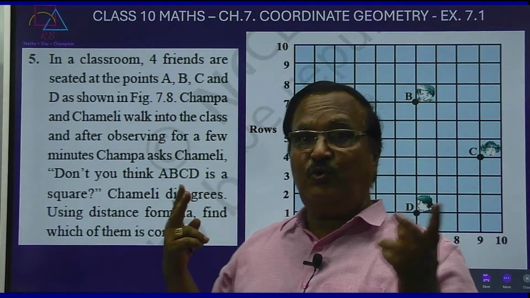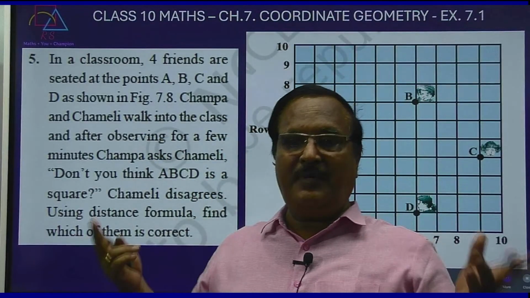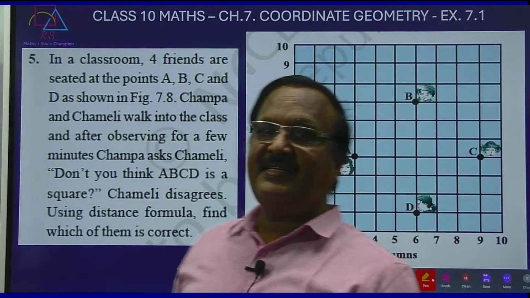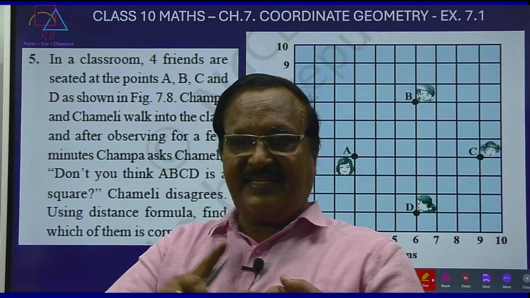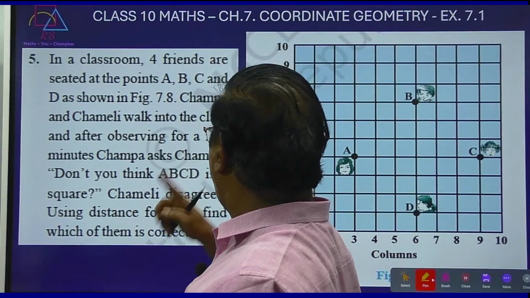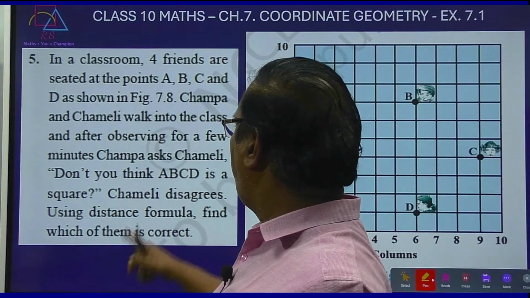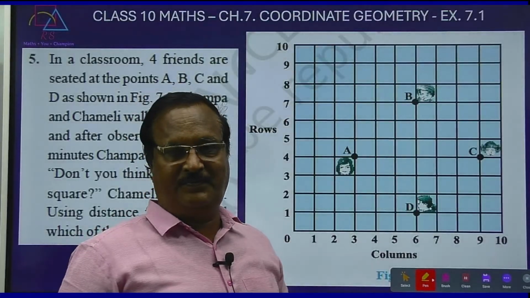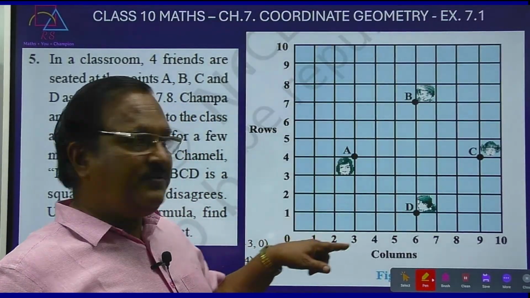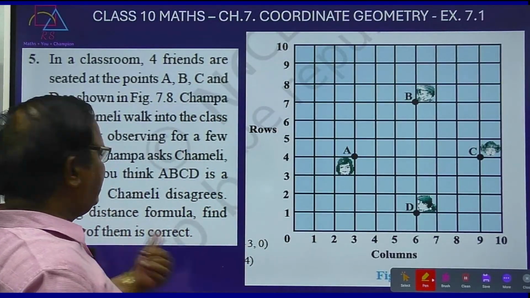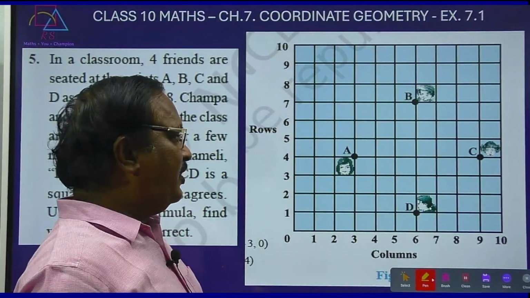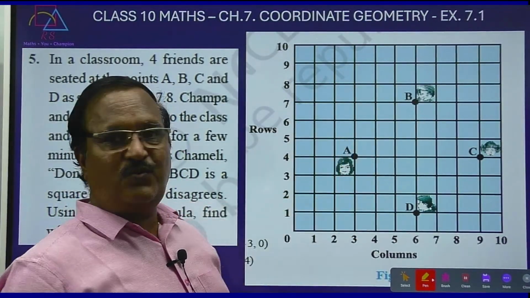Champa and Chameli, 2 people came into the class, and they observed all these 4 points, and they were discussing with each other. "Don't you think that ABCD is a square?" So now we have to find which of them is correct. So now you should find out whether this is a square or not.